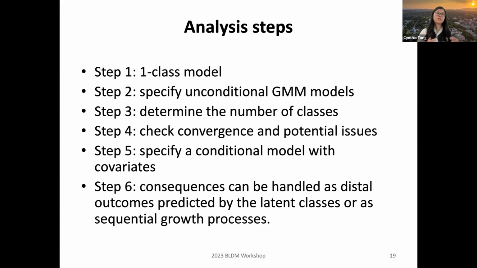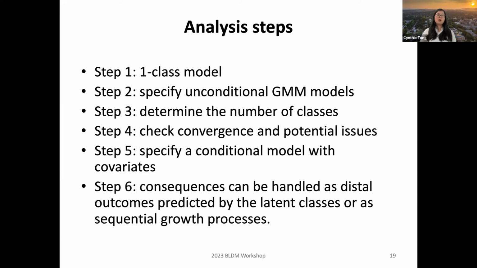In this case, we can fit a 1-class model, 2-class model, 3-class model, 4-class model, 5-class model, and depending on the sample size, you can fit many classes. But remember that when you have more classes, the number of parameters and the model complexity go up quickly. Besides that, for each number of classes, for example a 2-class model, there are actually different variants.